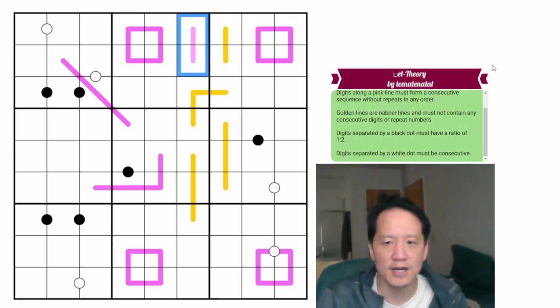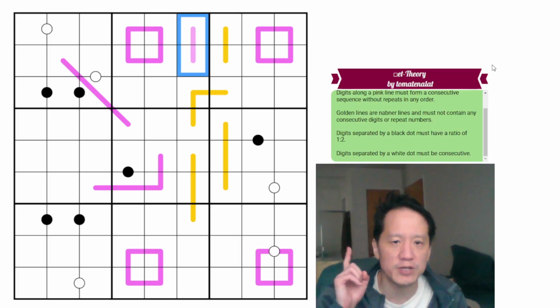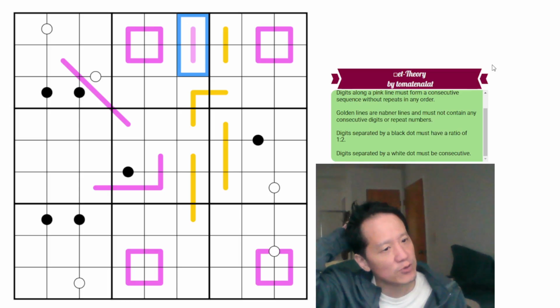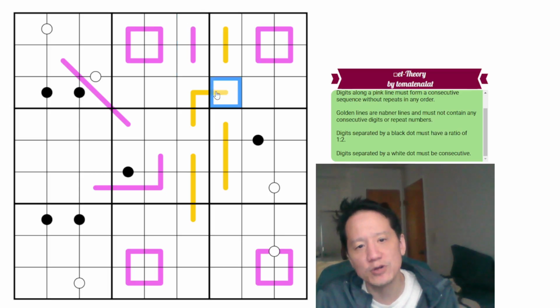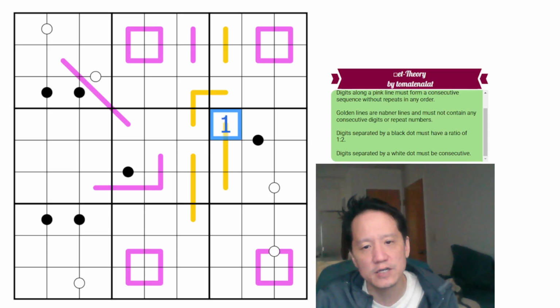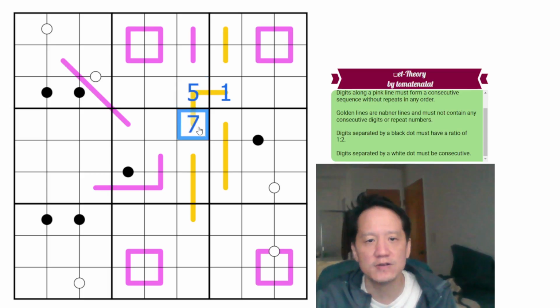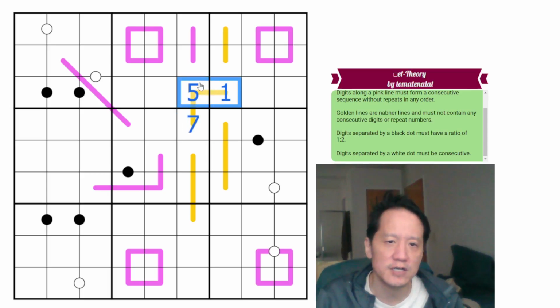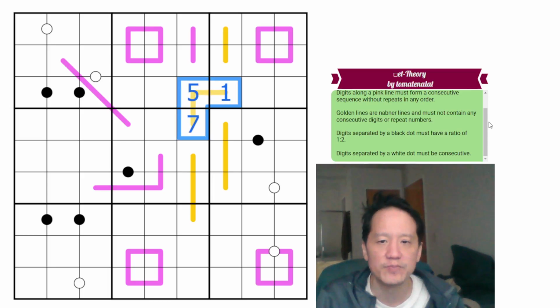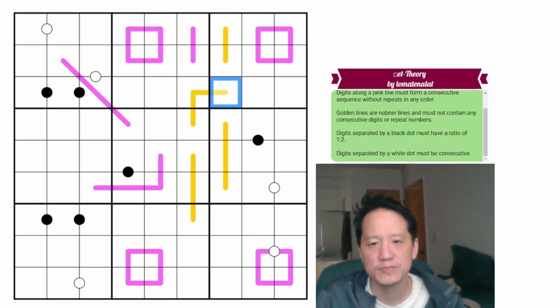So you cannot have consecutive digits or repeats on the golden Nabner lines. An example here could be 1, 5, and 7, right? Because none of them are consecutive with any of the other digits on the Nabner line. So that's how that works.